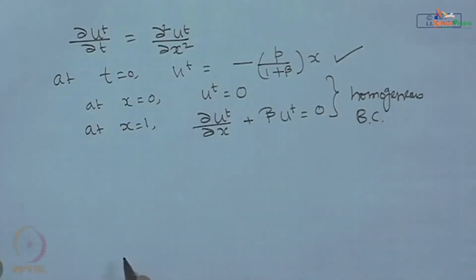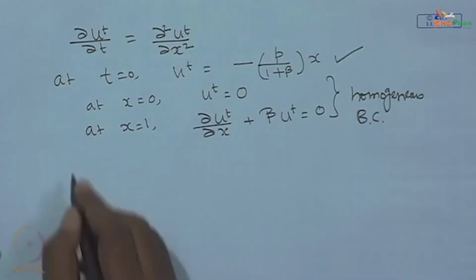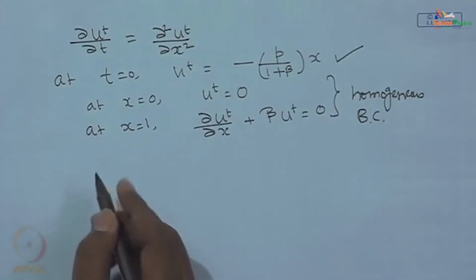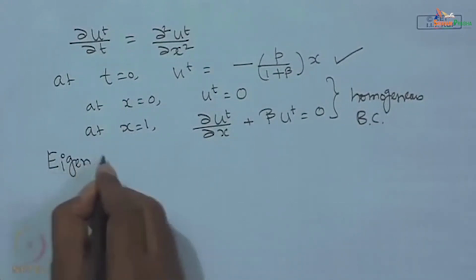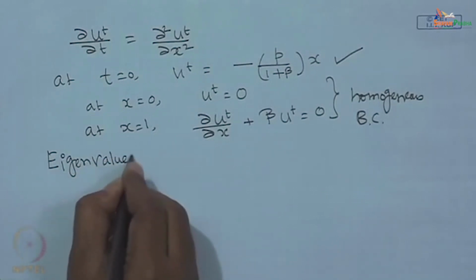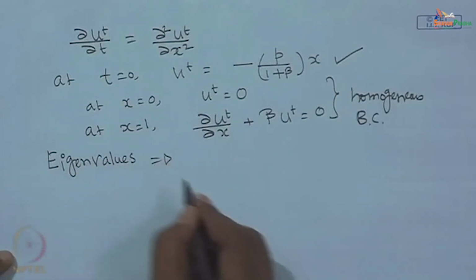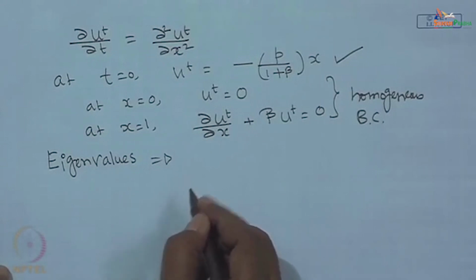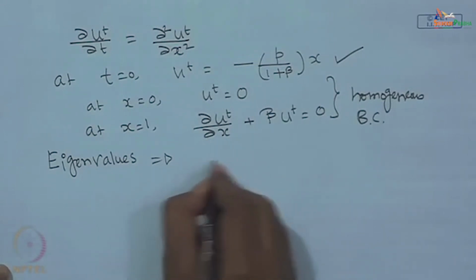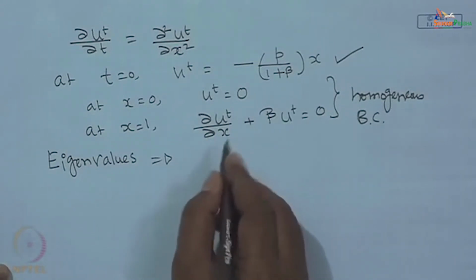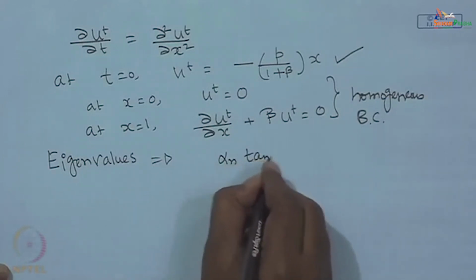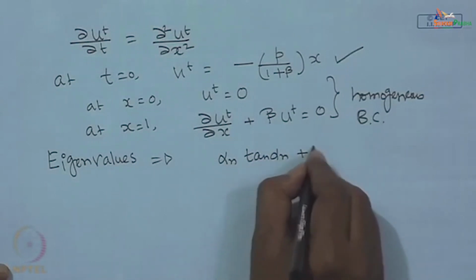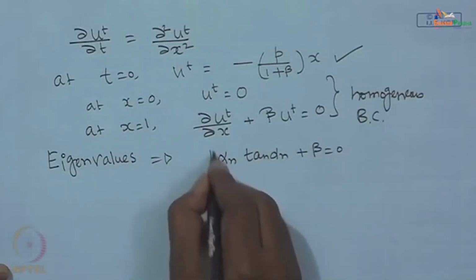So, this problem has a non-homogeneous initial condition and homogeneous boundary conditions. So, again by using separation of variables, this can be solved, and if you remember, the eigenvalues to this problem became the roots of the transcendental equation alpha n tan alpha n plus beta equal to 0.